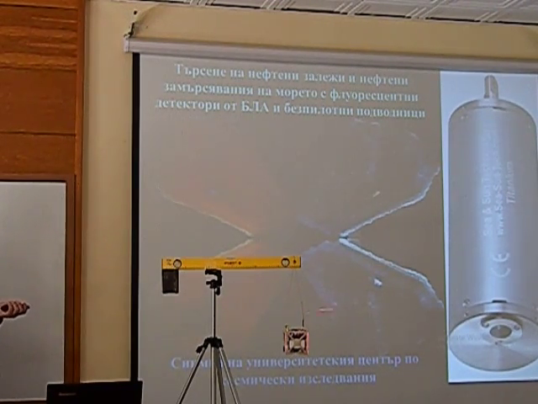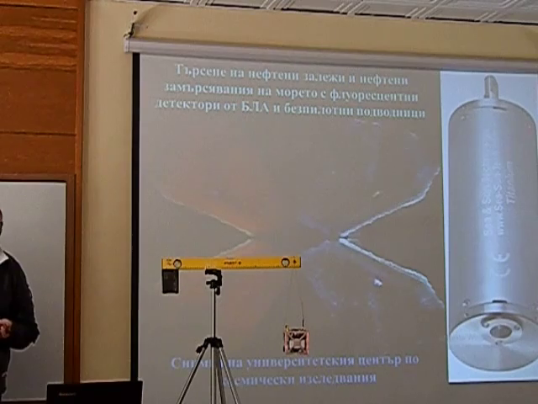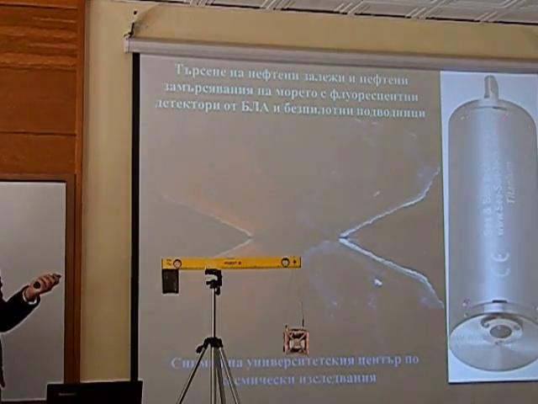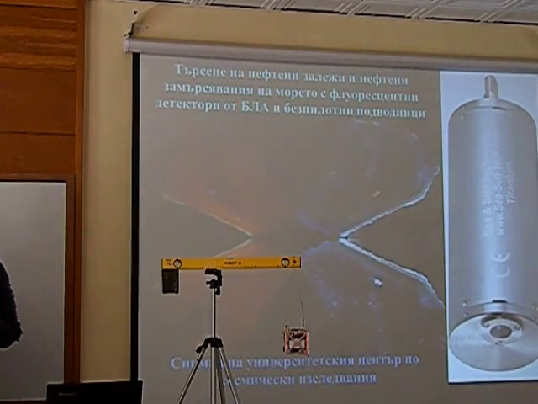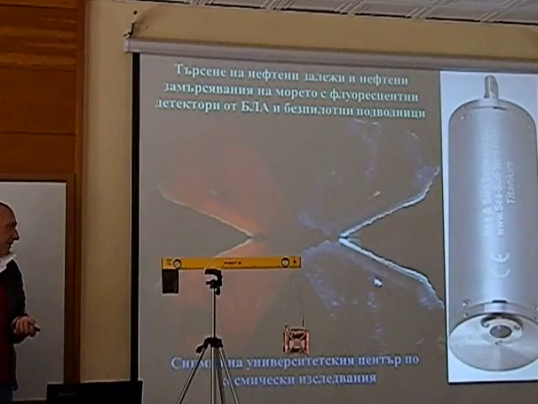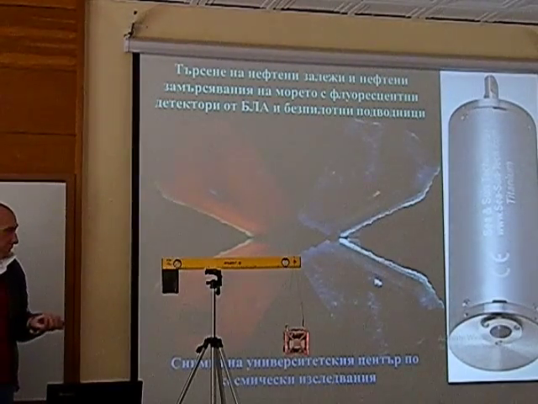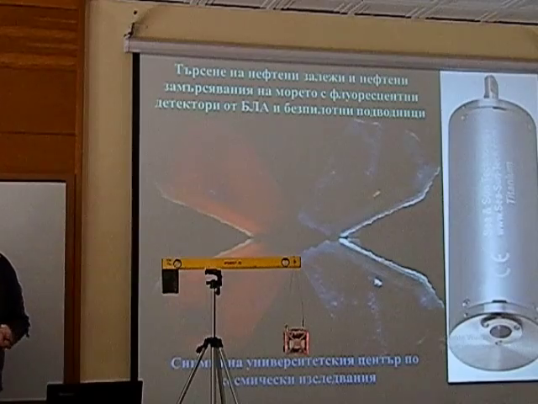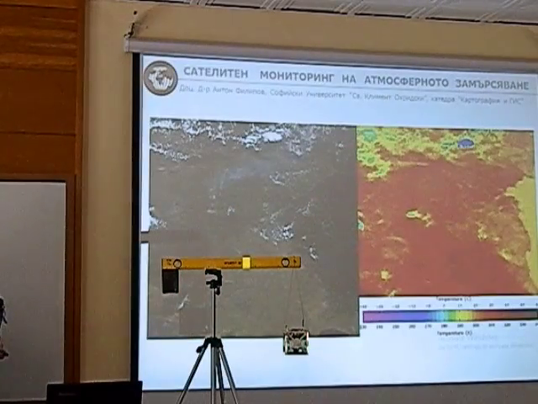And in fact, oil in very low concentrations can be detected using this phenomenon with such kind of detectors. This is a detector for fluorescence of oils. And we intend to mount this kind of detector on UAVs in order to locate oil.